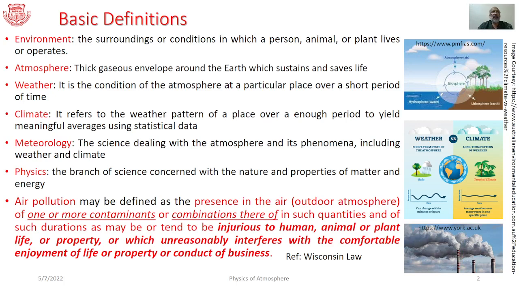And we know that these are very closely associated with each other in order to sustain the life. This atmosphere is the thick gaseous envelope which is surrounding our globe, and it helps to sustain as well as save the life that is existing in terms of biosphere.